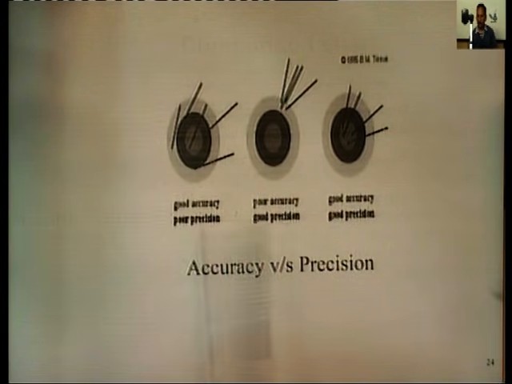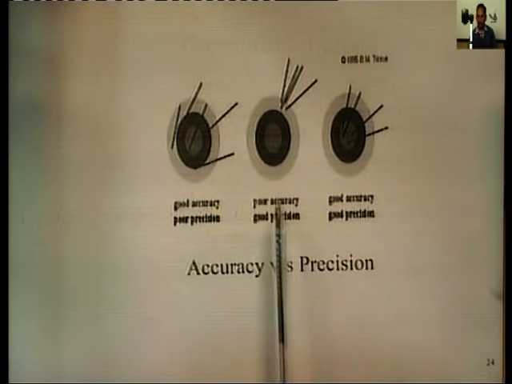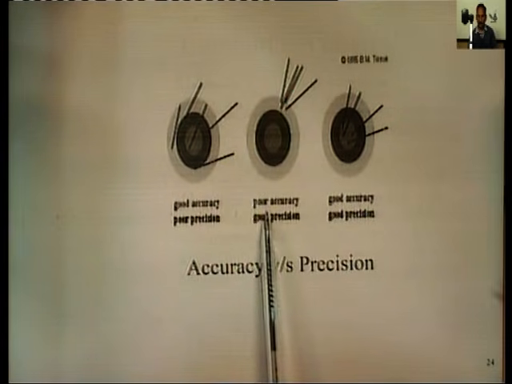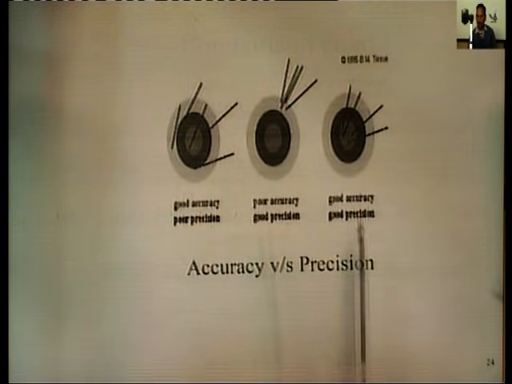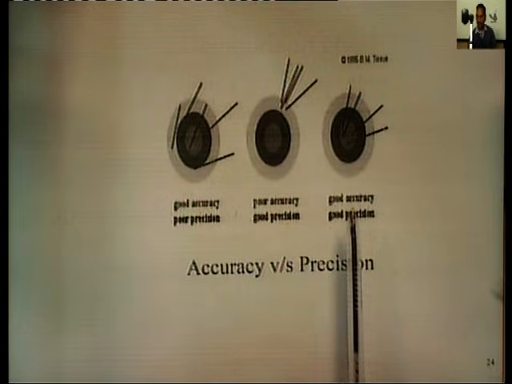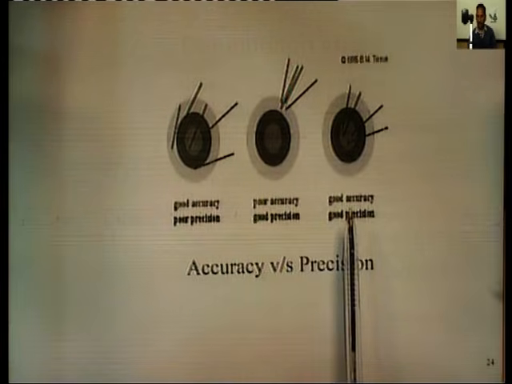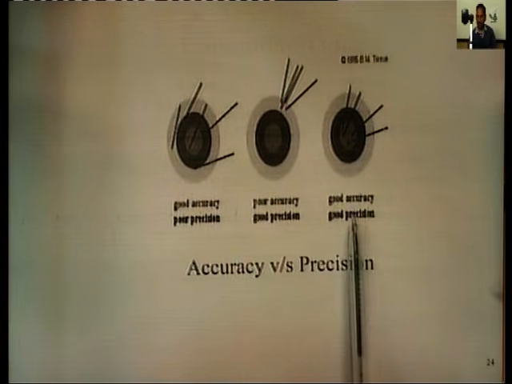If the needles strike in that way, we can say this is good precision and poor accuracy. If the needles hit the board in the center as shown in this figure, this is the case of good accuracy and good precision. A system with good accuracy and good precision is always desirable.